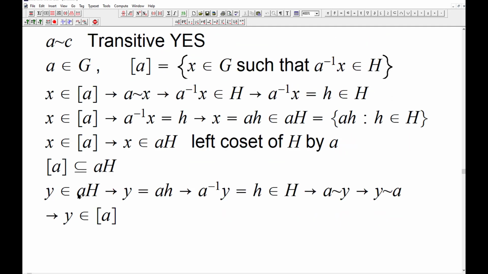And that will mean what? That this left coset of A is a subset of that equivalence class of A, right? So the equivalence class of A is the left coset here.